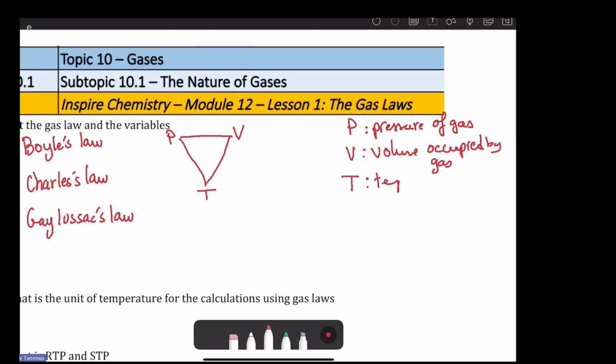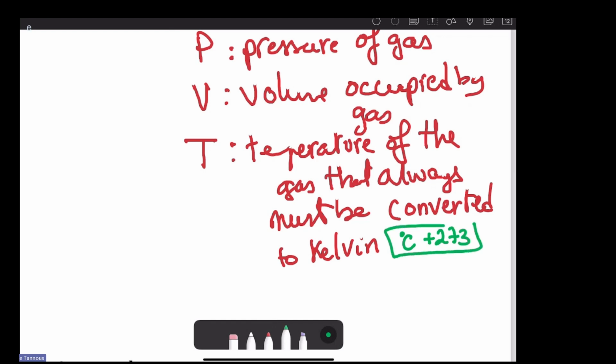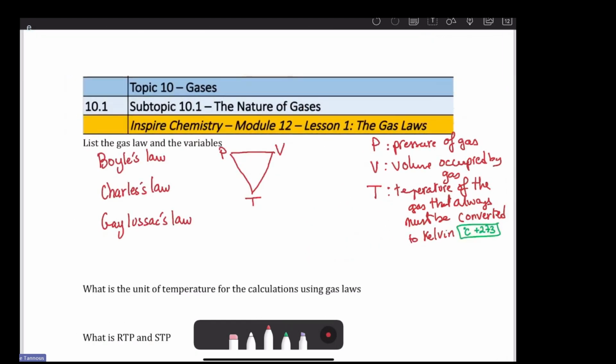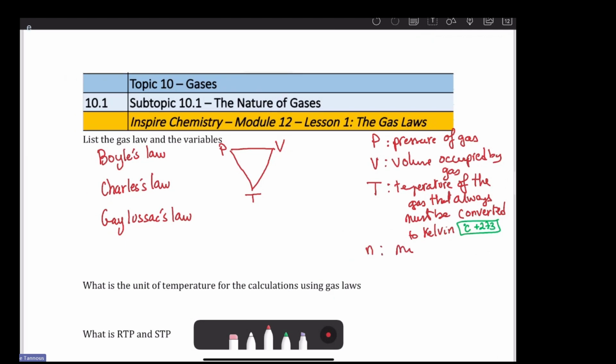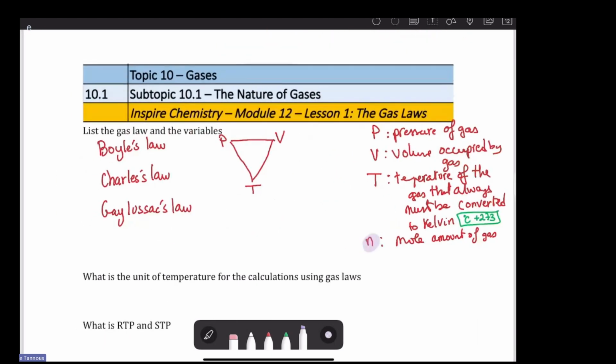Temperature is the temperature of the gas that always must be converted to Kelvin. If you want to use it in your calculations, you need to convert it to Kelvin. How is that? You add 273 to the given temperature in Celsius. Now, there's another variable, which is the mole, representing the amount of gas. But this one doesn't enter in the formulas yet.